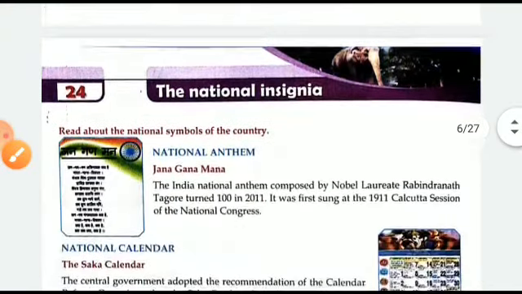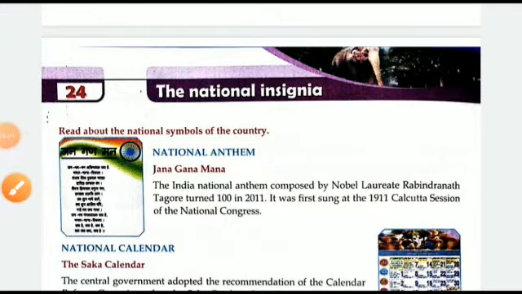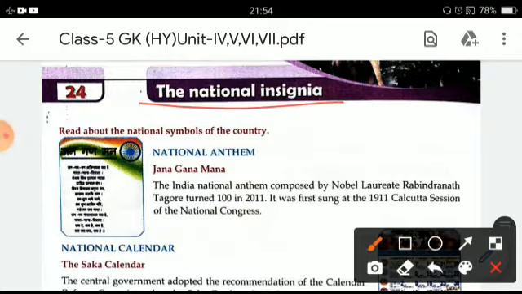Now let's move on to the next exercise, that is the national insignia. Now let's read about the national symbols of the country. The first one is national anthem, Jana Gana Mana.